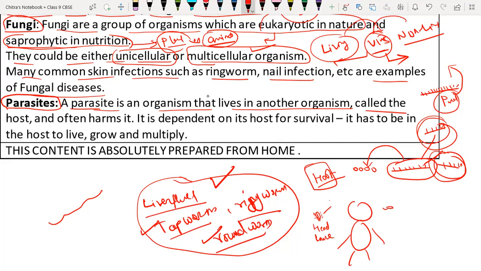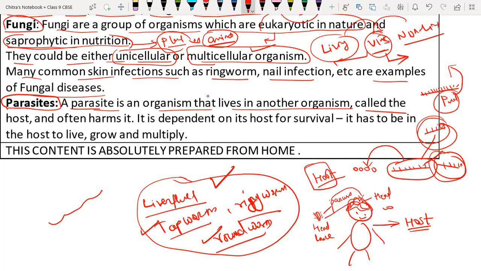Why? Because it totally depends on the person's body for its nutrition. This is the head of the person, and the parasite is growing here, so that person will be the host.